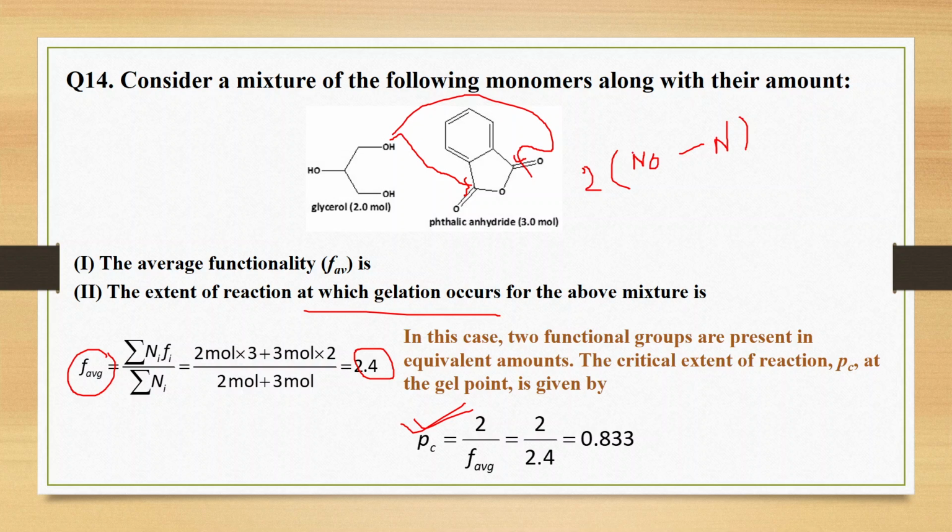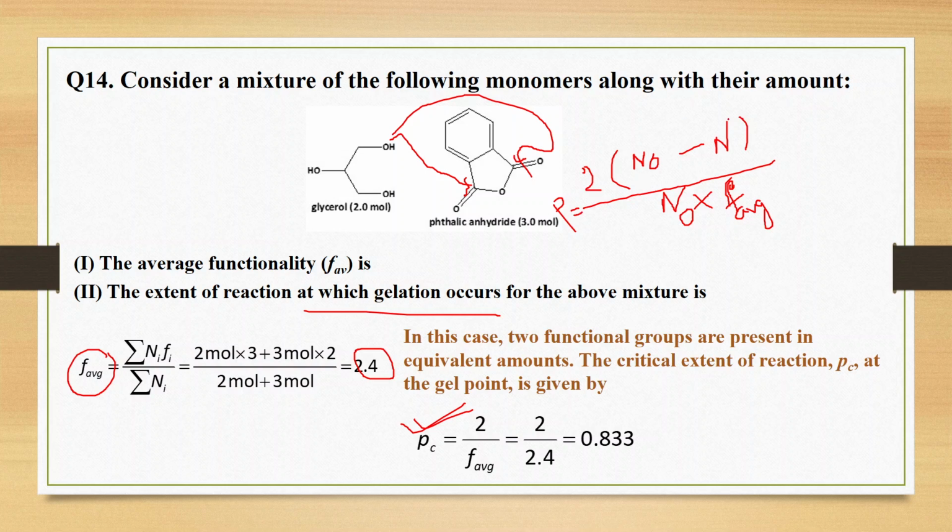So every time it reacts, that will be 2 into (n0 minus n) divided by the total number of functional groups that was available. What will be the total number of functional groups? Initial number of moles was n0 and we know the average functionality of the mixture. So that will be n0 into f average. So that is our formula for calculating conversion of this reaction mixture.